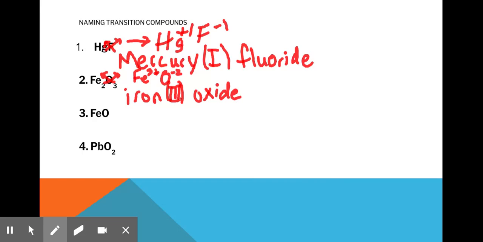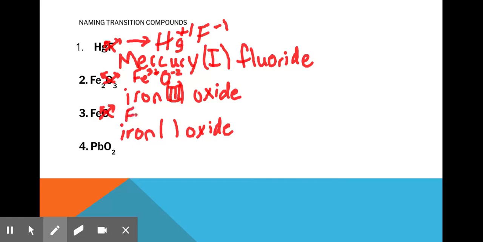FeO and PbO2 are going to require an extra step. So start off the same. Write out your names. Iron is a transition metal, so leave yourself an open parentheses. Oxide. And reverse crisscross once again.